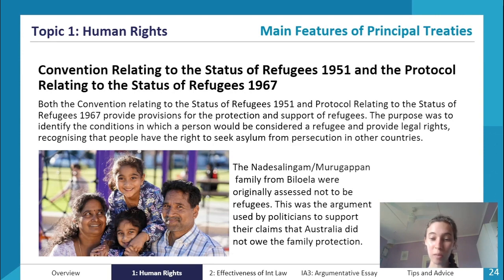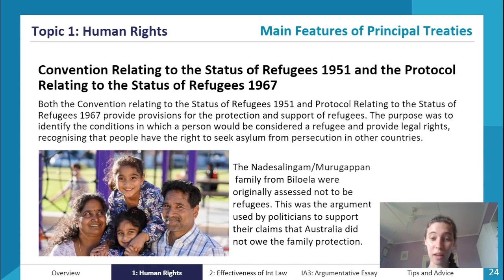So this family from Biloela, you may have seen in the news when the new government came in last year. They ended up allowing this family to stay because they had quite a hard time with originally not being assessed as refugees.